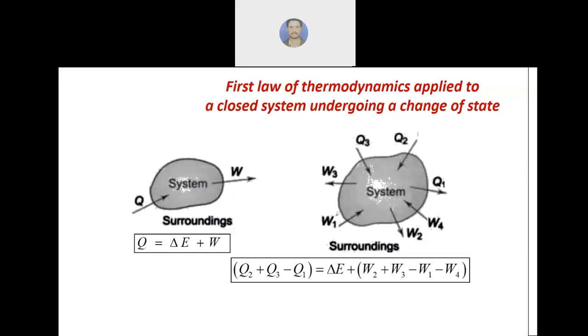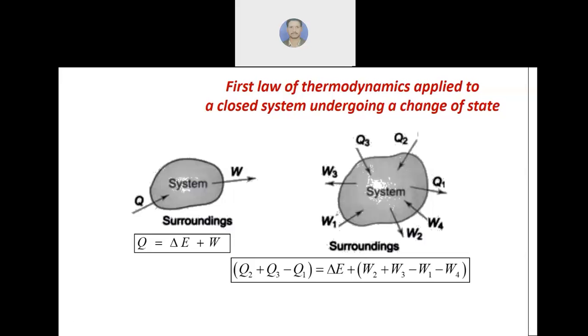Now talking about heat transfer, I have given the example of money. If you are getting money, you are in profit. If you have to give money, you are in loss. Same thing: if heat is added to the system, heat coming towards the system, it is positive.